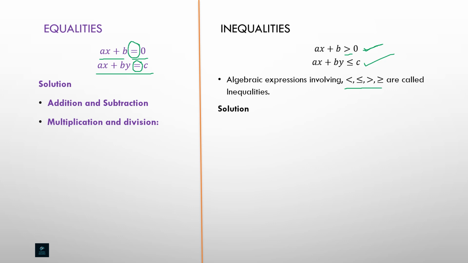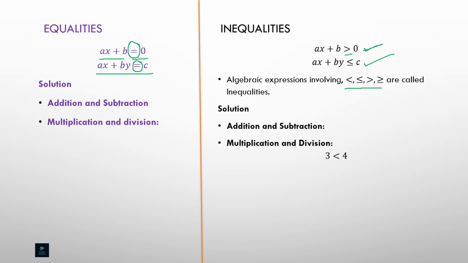How do we solve these inequalities? Again, we can add and subtract the same number from both sides of the inequality, and we can multiply and divide both sides by the same positive number. However, if we want to multiply or divide by a negative number, we need to be careful.